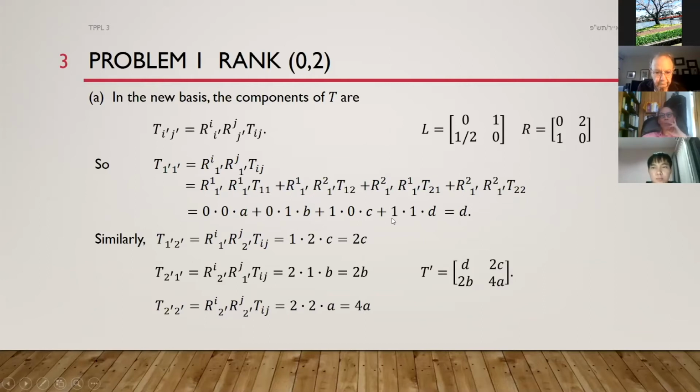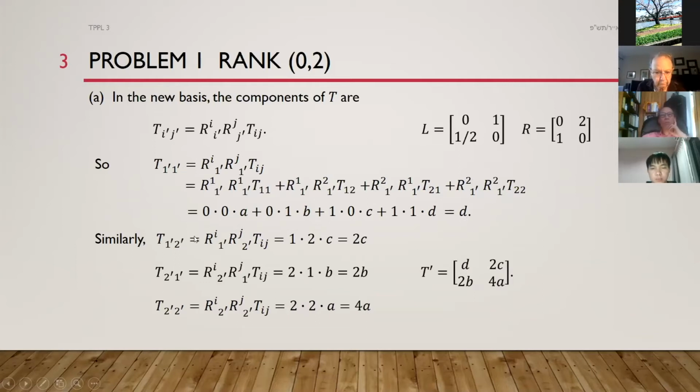In fact, the only one that survives in this calculation will be when we take R2,1 prime. Remember that means second row, first column of R, which means the number 1. We have it twice, times T2,2, which is D. So this first component is D, that appears here.